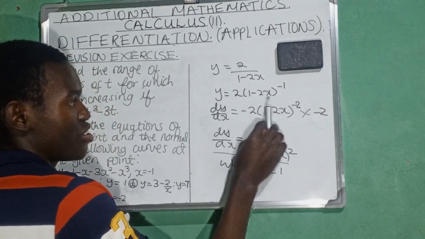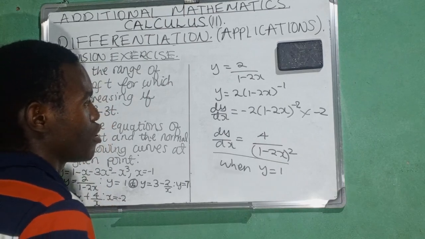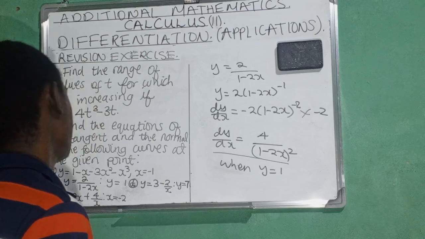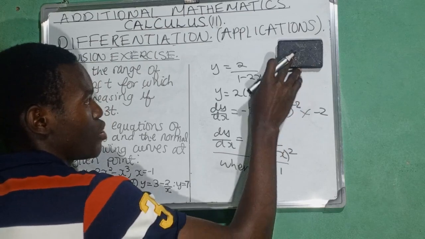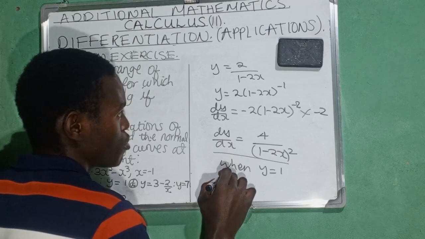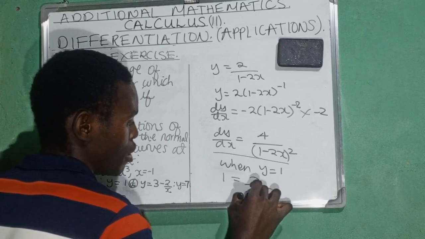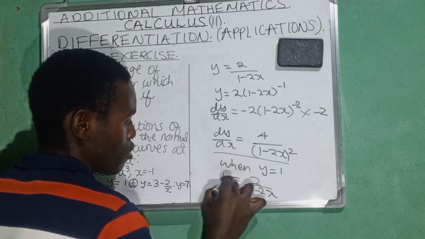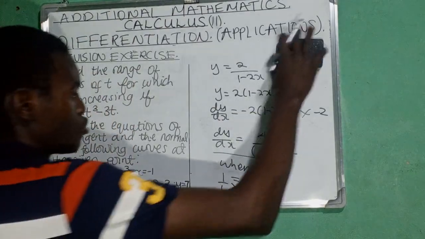Now this y equals 1 is in the equation y equals 2 over 1 minus 2x. So we are going to say that 1 is equal to 2 divided by 1 minus 2x. Then you cross multiply, so 1 minus 2x is equal to 2.